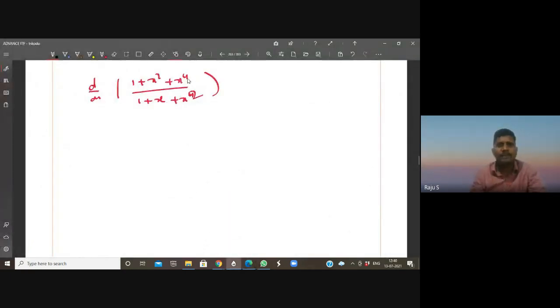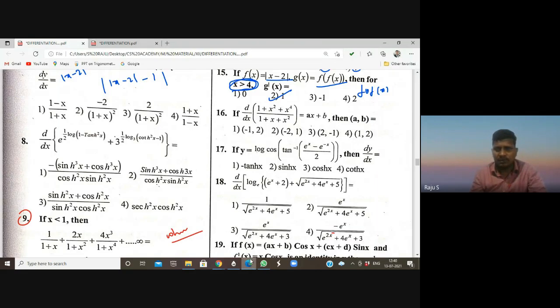So here we'll do one thing: 1 plus x square plus x power 4.